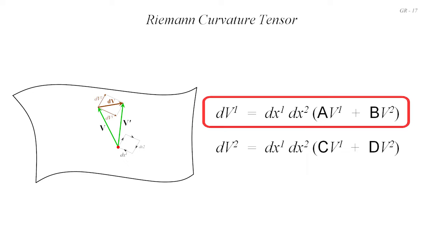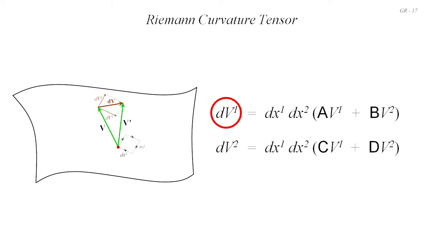What the first of them is saying is that the change dv1 in the v1 component of the original vector must not only depend on the area of the loop, but also on each of the original components of the vector v1 and v2. That dependency will be linear or multilinear, and the linearity will be shown in what we might call the gradients a and b.